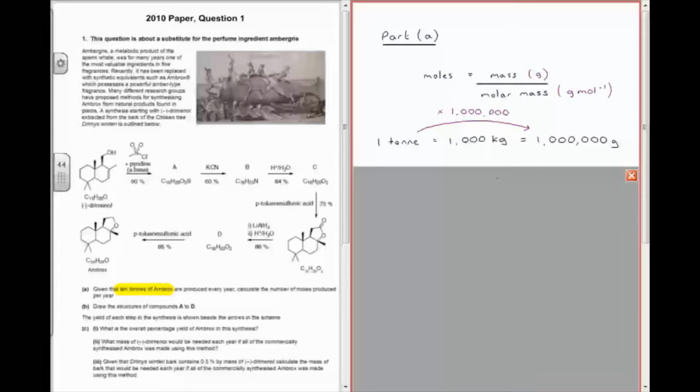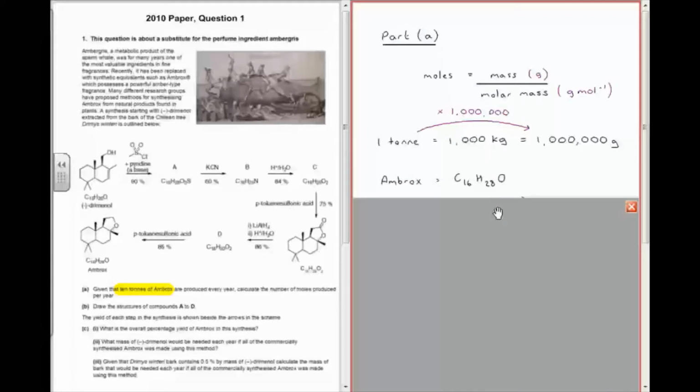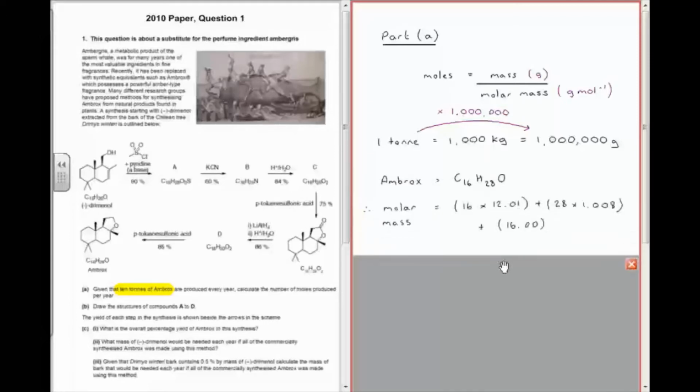Finally, before we can use our equation that moles is equal to mass divided by molar mass, we need to know the molar mass of ambrox. The molar mass of a substance is the relative formula mass of that substance in grams and can be calculated knowing the molecular formula of ambrox, which is given in the question as C16H28O.